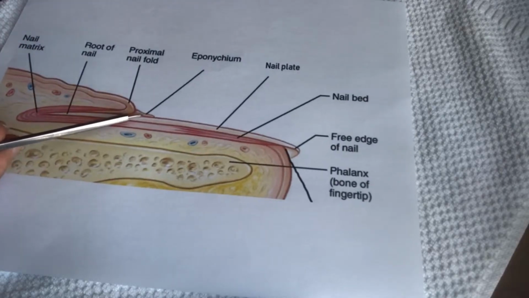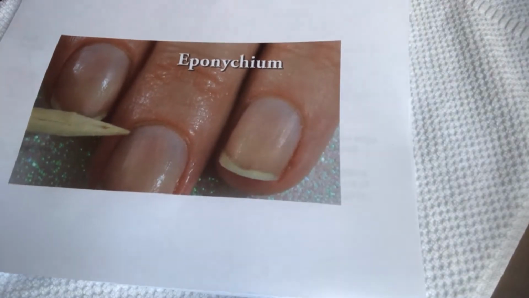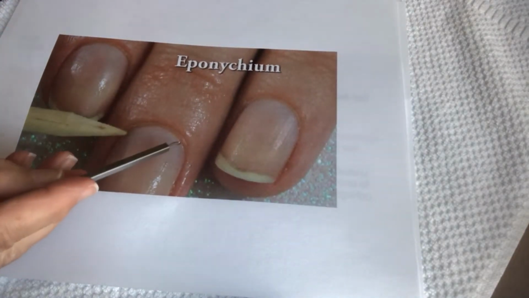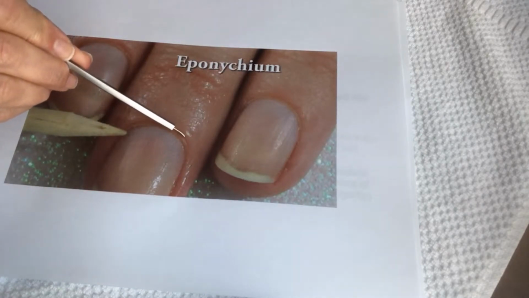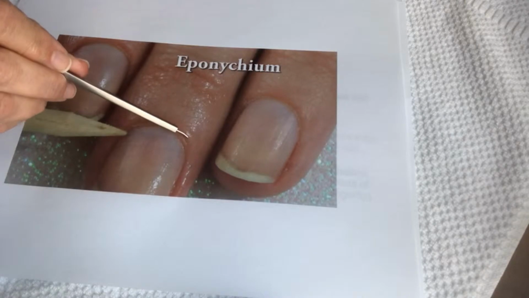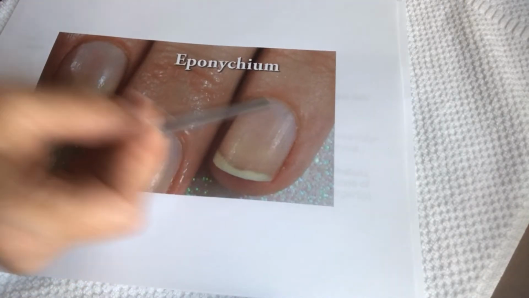The nail fold itself is this area here and is full of blood. The next skin here, which a lot of times is kind of clear, is called the eponychium. Let me give you a little diagram here of actually my nail. The nail fold is right in here just above, and you can see it's full of blood because it's more pinkish, in this area here and in here.